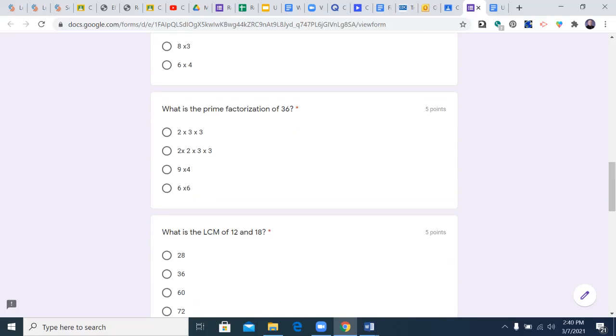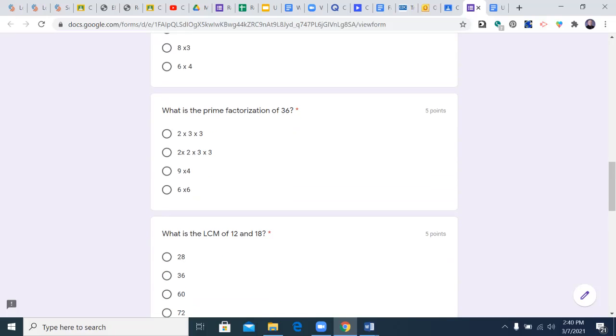Next question. What is the prime factorization of 36? Is it 2 times 3 times 3, or 2 times 2 times 3 times 3, or 9 times 4, or 6 times 6?